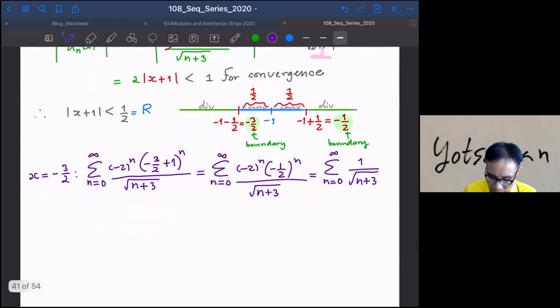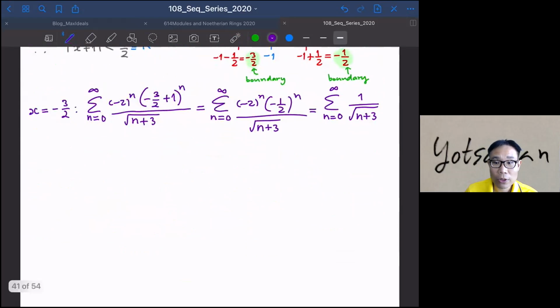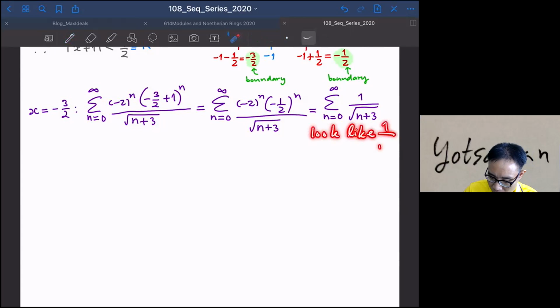And you can test for convergence or divergence for this one. So I'm going to say that this one looks like 1 over root n.